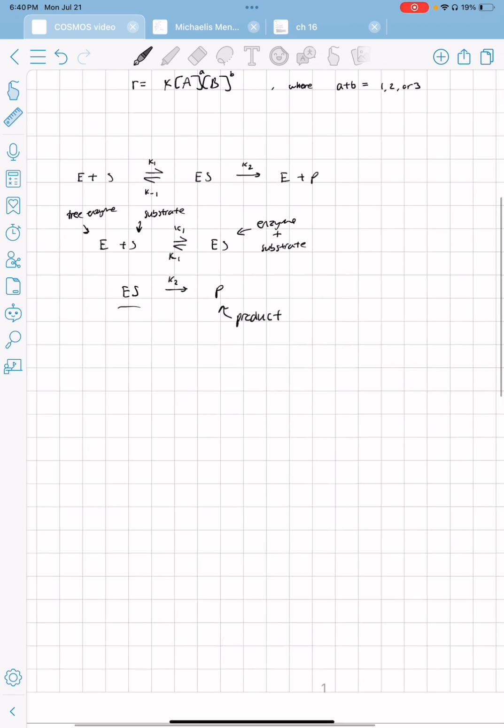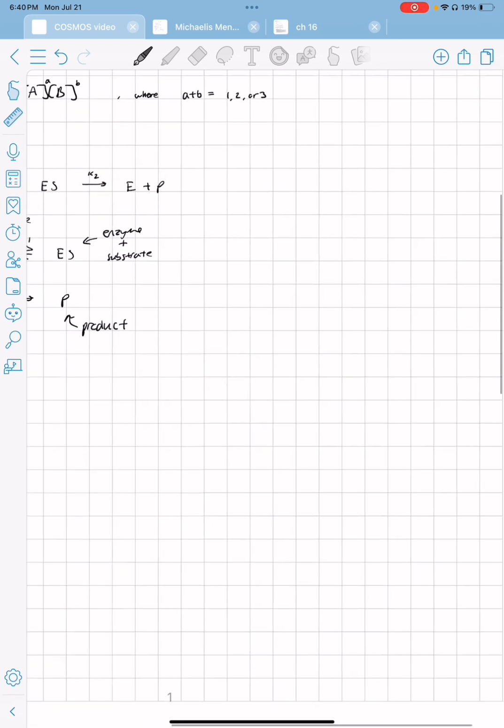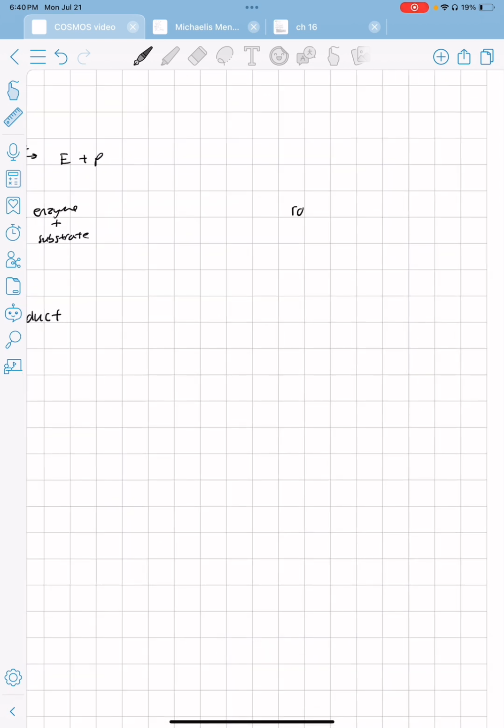So that's another way to write it. It's a little messy, I apologize. The rates will be: rate 1 equals k1 times E times S, rate 2 equals k negative 1 times ES, and rate 3 equals k2 times ES.